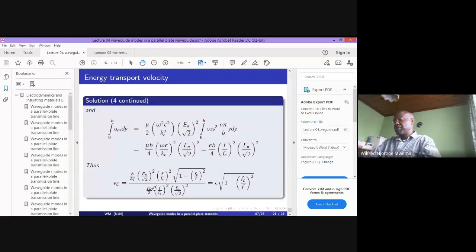Because most of the time, what happens is this: if I give you a solution, I tell you the solution of the electric field or the magnetic field in this particular case is this value, I don't see why anyone should start deriving it from solving the Helmholtz equation.